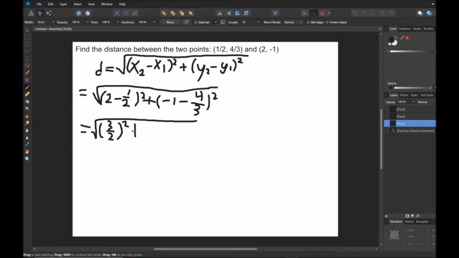squared plus, and then we have negative 1 minus 4/3. So if we just take that down here for a quick second, negative 1 minus 4/3. You cannot subtract these right now because they don't have equal denominators. So I'm going to multiply this by 3 over 3 and get negative 3 over 3, and that's still equal to negative 1.